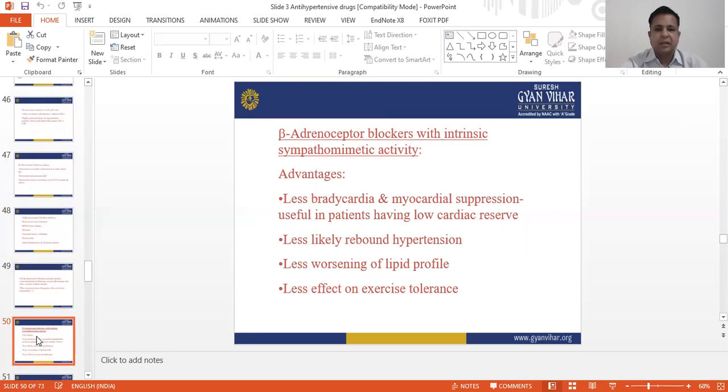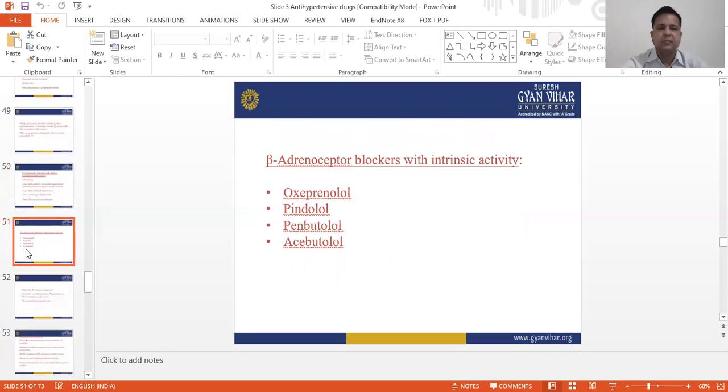Less likely rebound hypertension, less worsening of lipid profile, less effect on exercise tolerance. Examples of the drugs are oxprenolol, pindolol, nebivolol, and acebutolol.